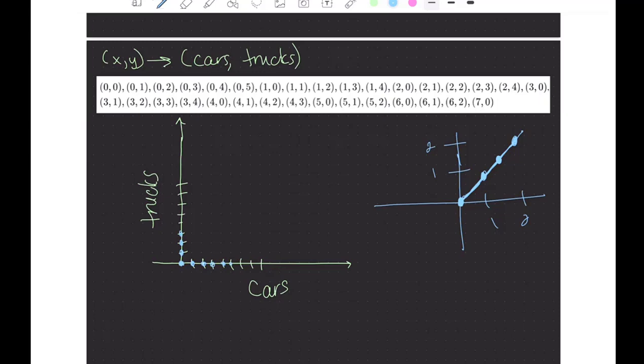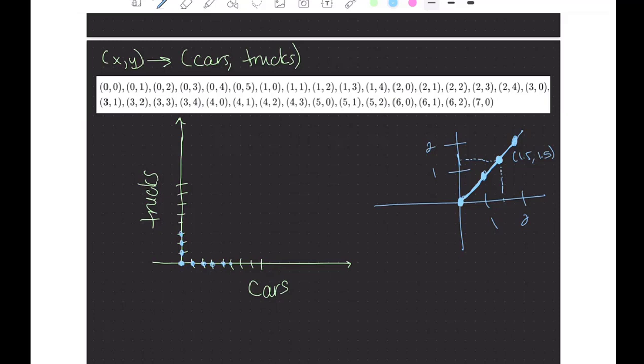What's my x coordinate right there? 1.5. And then what would my y value be? 1.5. So can you build 1.5 cars and 1.5 trucks? No, not really. Well, you could attempt to, but it really wouldn't work, right?